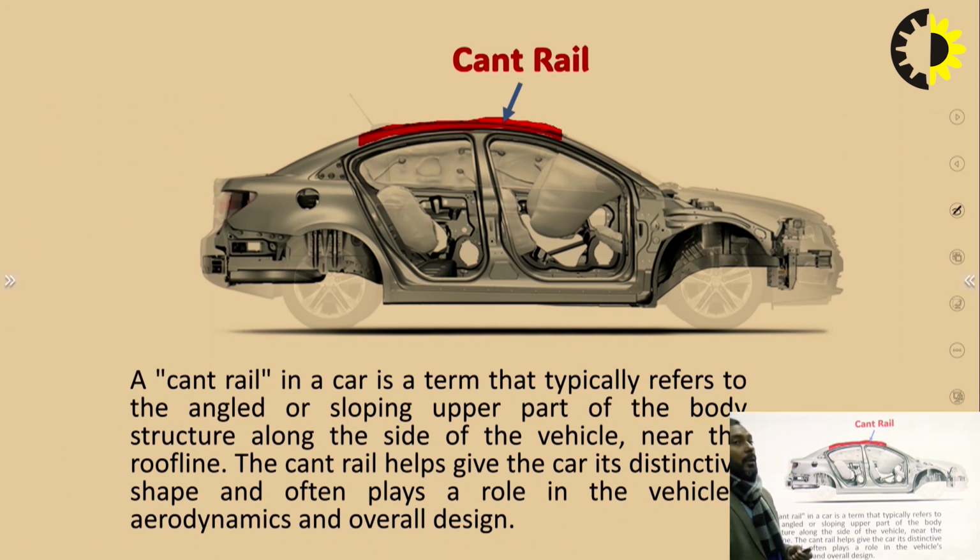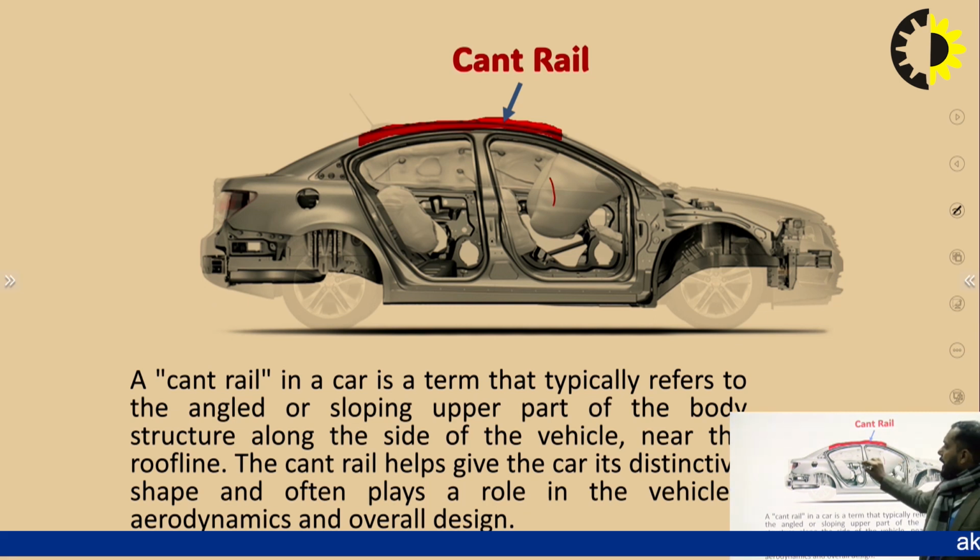Then the next is the cant rail, which you can't ignore. That is the cant rail. The upper part of the car is the cant rail. It means in between the first and second box of the car.